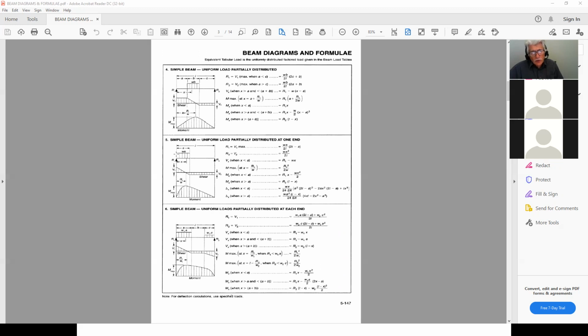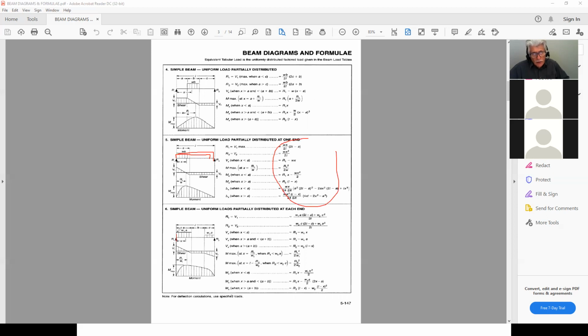If I have a distributed load, but it's only on part of the beam, on one side. So for example, if I happen to have a load here like this and it doesn't go all the way across, then I can still use this as long as it doesn't go across. If the load goes all the way across like this, I'll use the first diagram because it's going to be much easier than using all of these equations here.